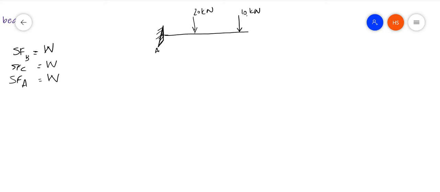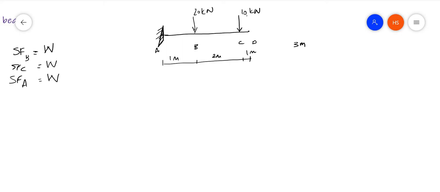Let the points be A, B, C and D, and let the distances be 1 meter, 2 meter and 1 meter. So this is a beam. The total length of the beam is 1 plus 2 plus 1, that is a 4 meter cantilever beam. I have to find out the shear force.